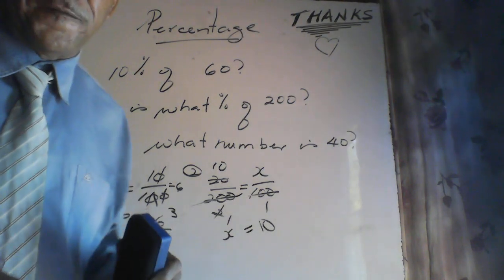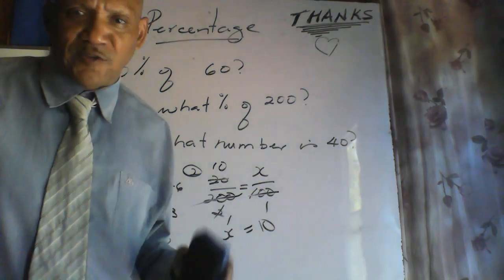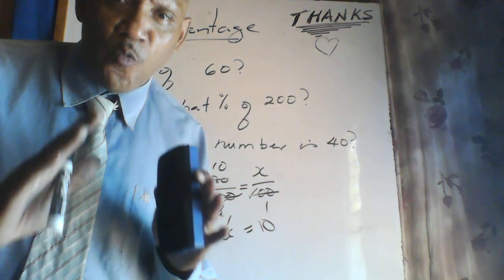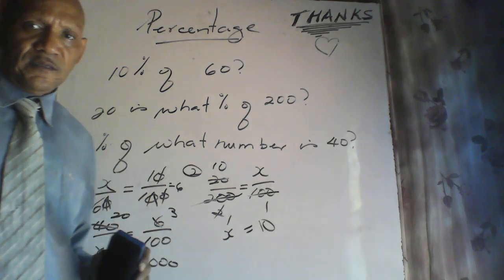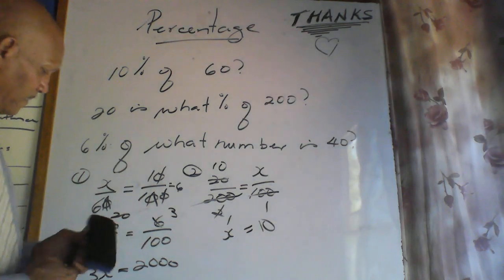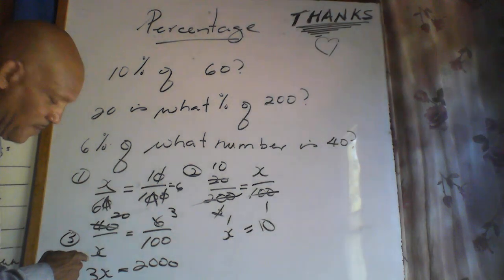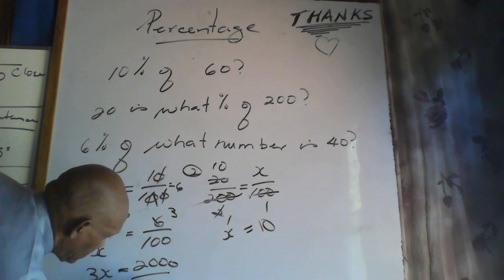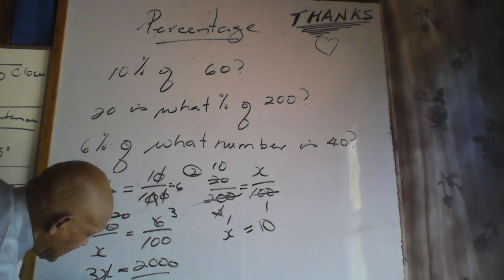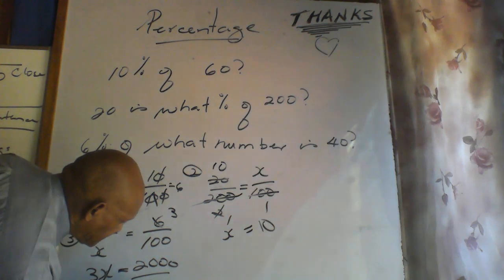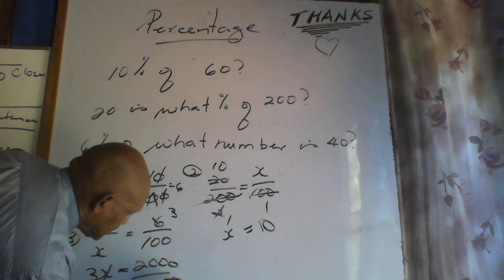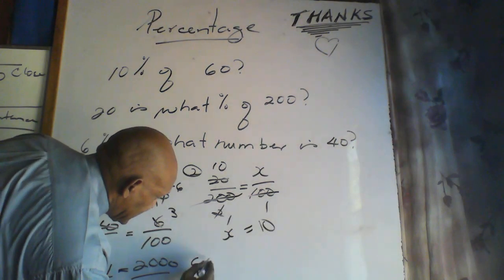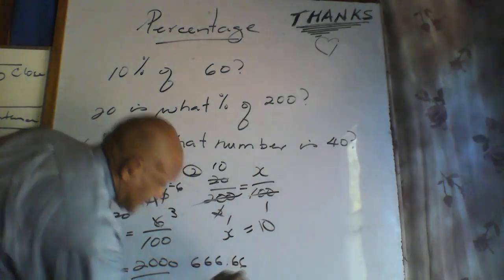You don't try to solve for what 3x or 4x or 5y is. You always want to know what the variable is by itself. What is x? So I divide both sides by the number in front of the variable. 3 into 3x goes x equals 3 into 2,000 equals what? 3 into 20 goes 6. 666.66.